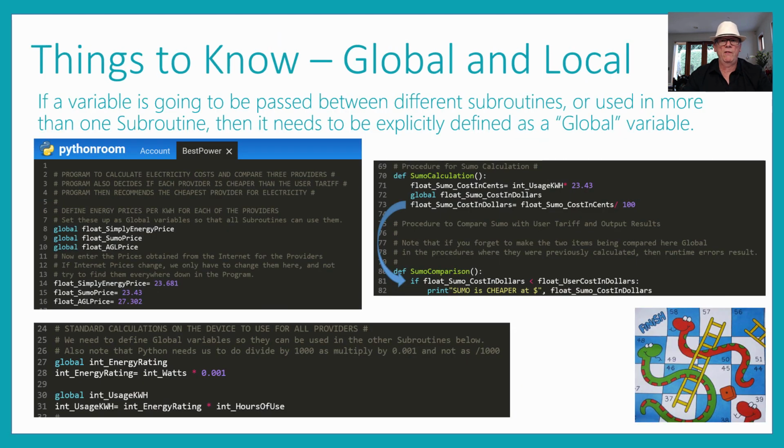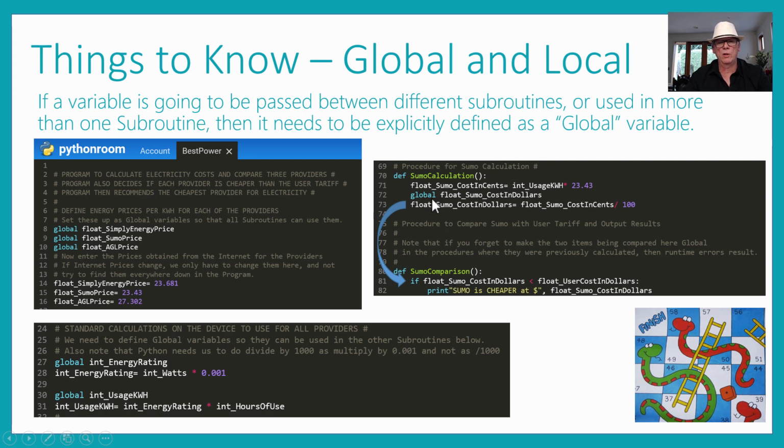And we're going to be using some global variables, because when you're using subroutines, often you need one subroutine, like this one here, Sumo calculation, is going to calculate the power cost using an electrical company here in Melbourne, Australia, called Sumo. And once we've got that cost in dollars, we need to use that in another subroutine later on.